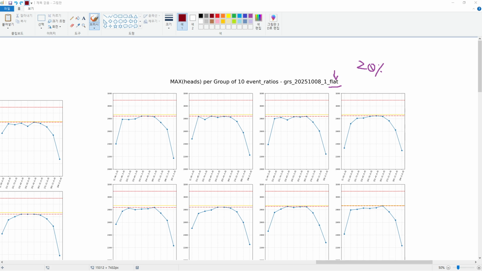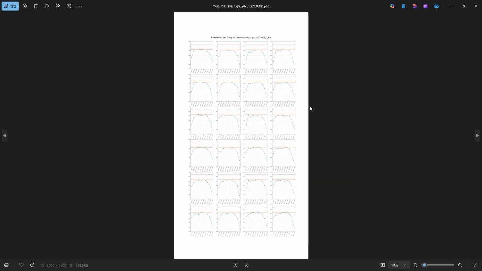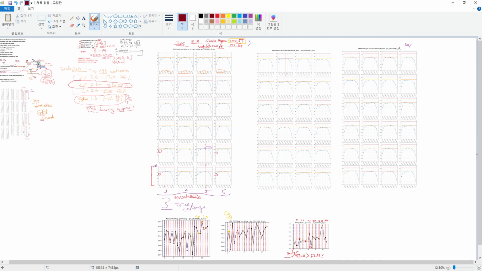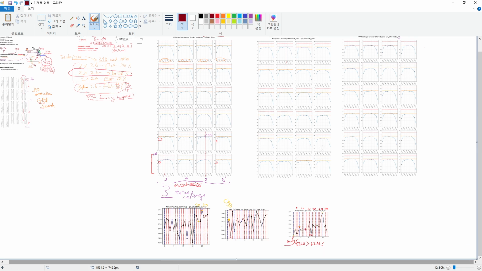And then what is it? Maximum. Can I make this bigger? I know I can.